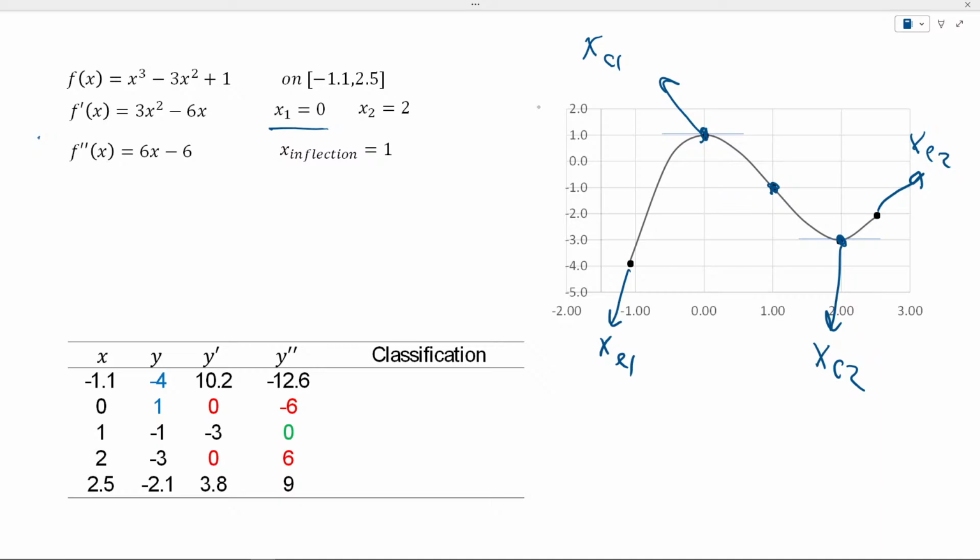So let's look at this. This is my endpoint, so you basically plug this value in and you get y equal to -4. For my critical points, this is critical point 1 and this is critical point 2.